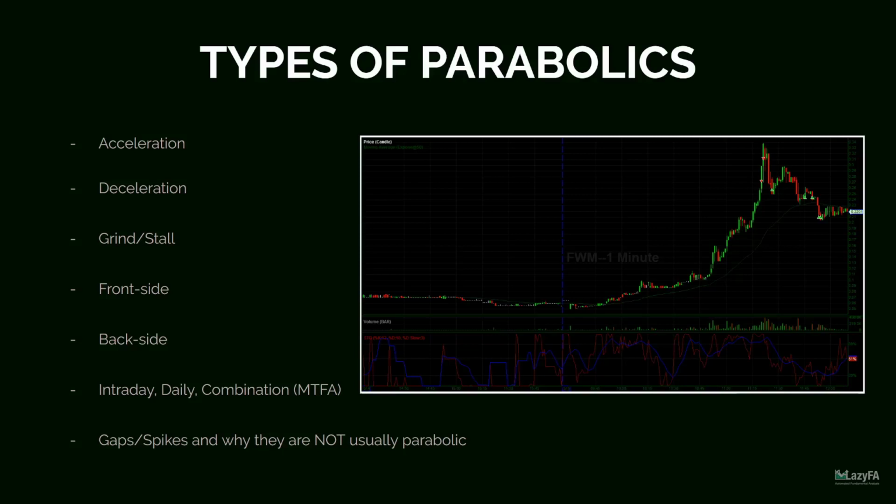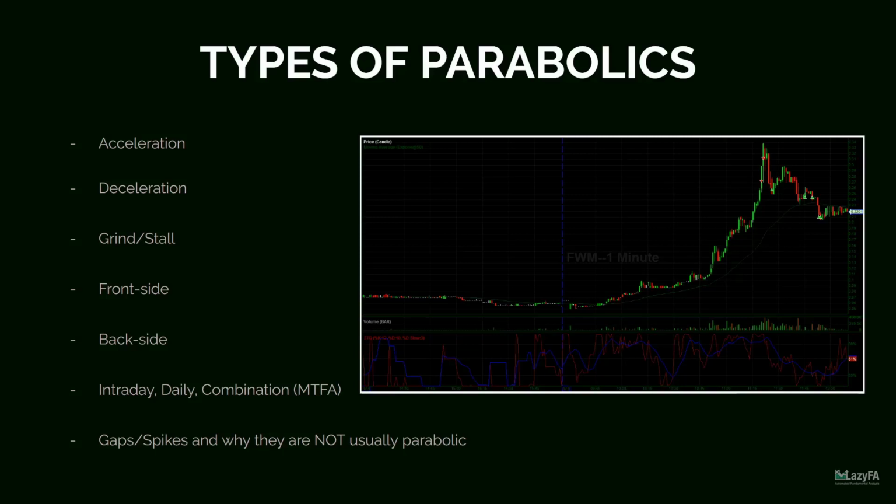There's also different time frames that they can occur on. So when you're looking at, for example, an intraday chart, like a 5-minute chart, such as the one on the screen right now, that is one place that a parabolic move can happen. But you may also see them on daily charts and MTFA, which stands for multiple time frame alignment.